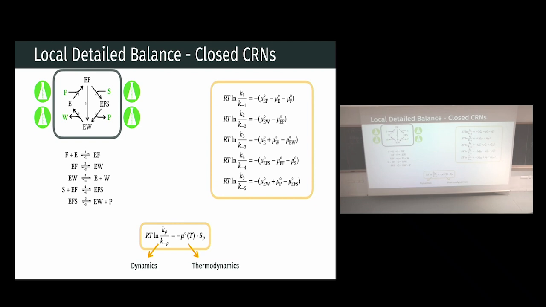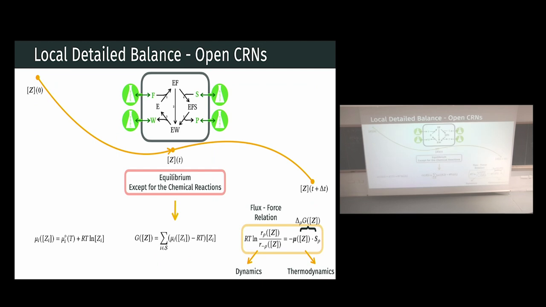We can rewrite the local detail balance in this fashion, where now we have the log of the ratio of the fluxes with respect to the variation of the free energy, not the standard one, the one evaluated at each point of the dynamics. Okay? So we have a delta G evaluated at an arbitrary concentration given by the dynamics, related to the ratio of the fluxes.